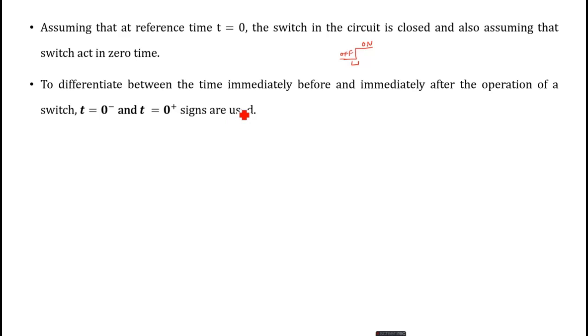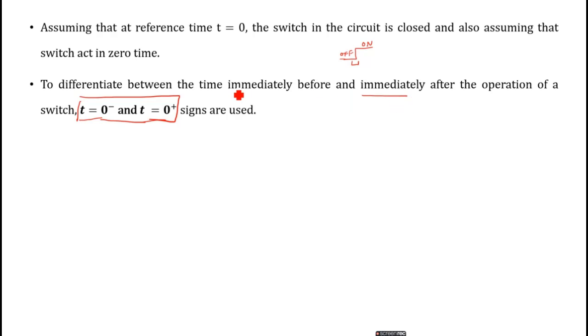To differentiate between immediately before and immediately after the operation of the switch, t is equal to 0 minus and t is equal to 0 plus signs are used. It is the important concept here. When we say t is equal to 0 minus or t is equal to 0 plus, you should use the word immediately.